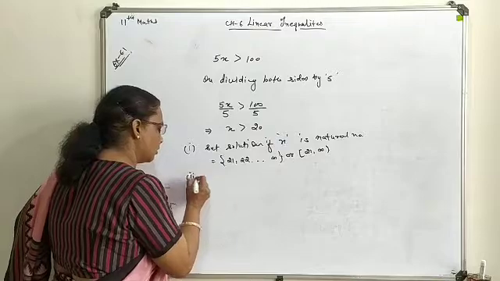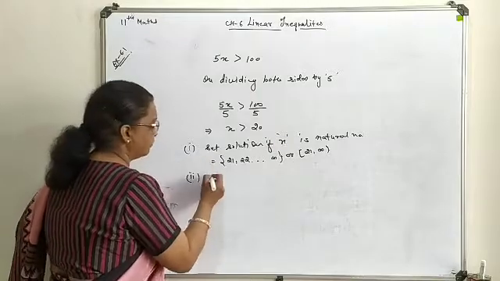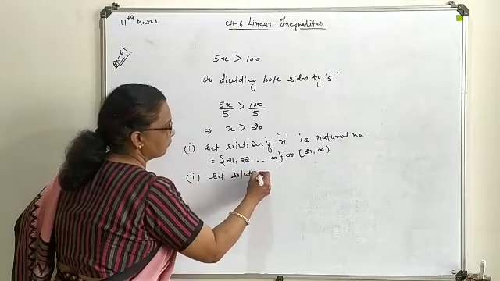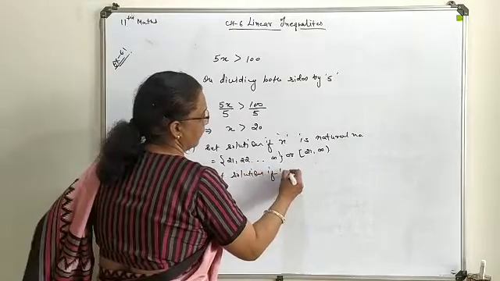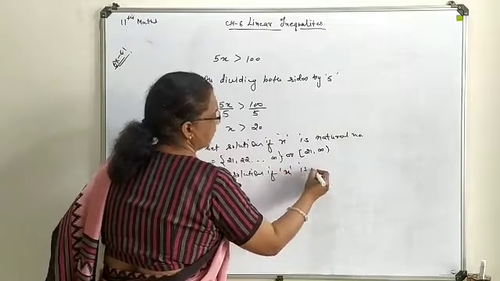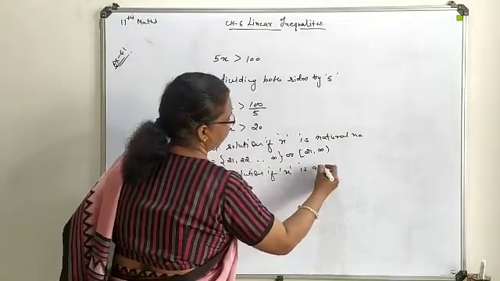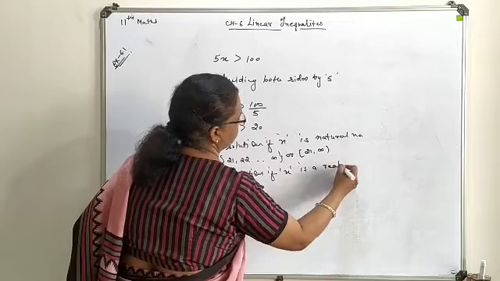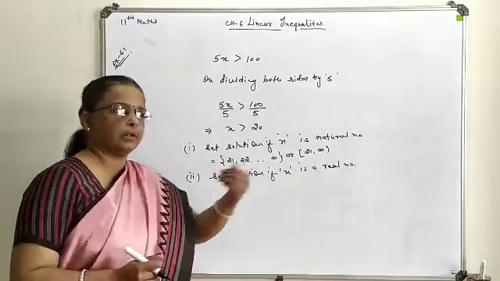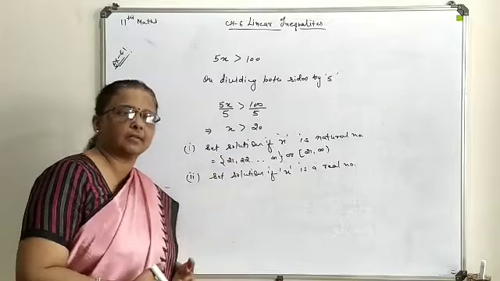Secondly, the same solution if you are going to define as a set solution if x is a real number. If it is real number means greater than 20 and 21, many numbers are existing there.